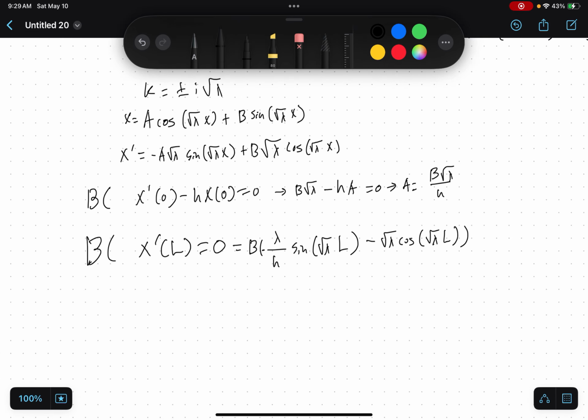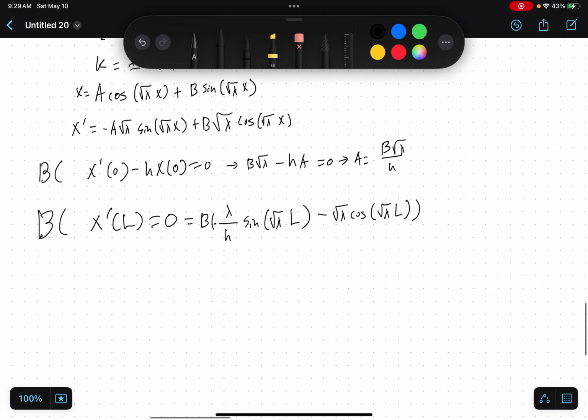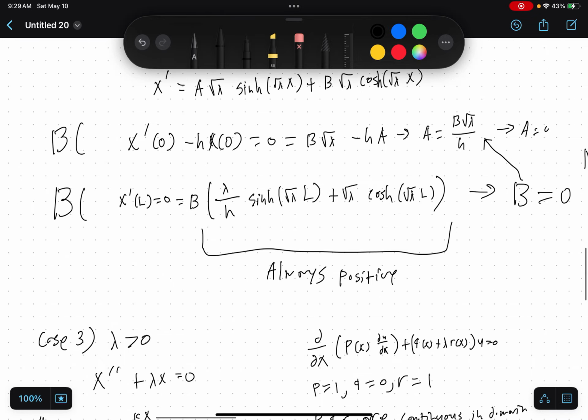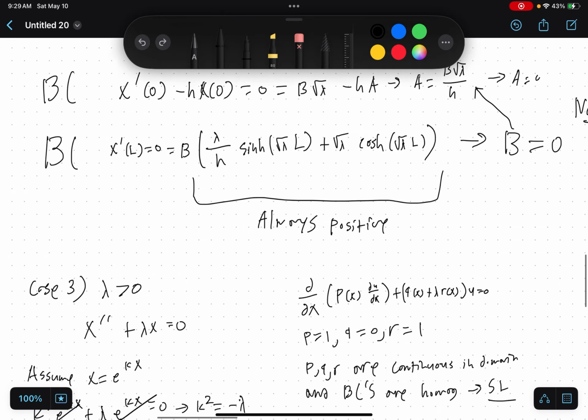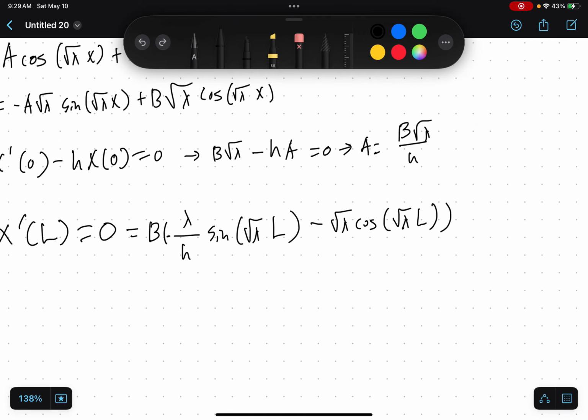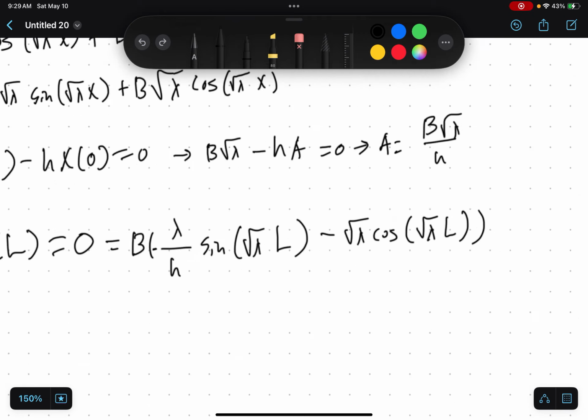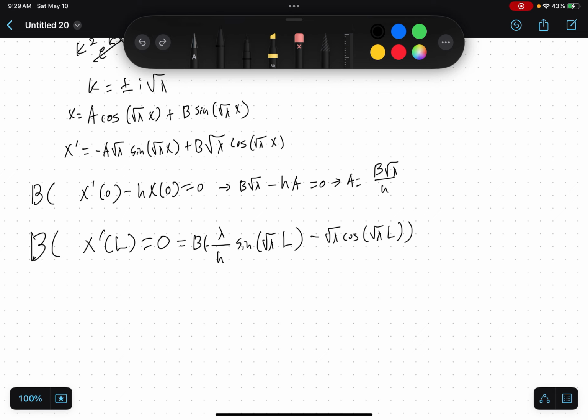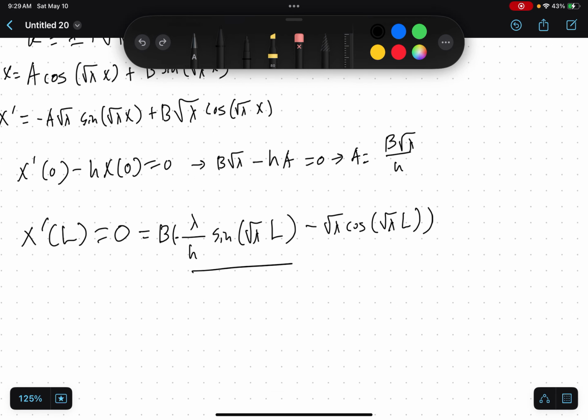So, what do we do here? Can we say what we said up here, where this stuff is always positive, so B has to equal 0? Technically, no. And the reason why is because we can simplify this to sine of x plus cosine of x.